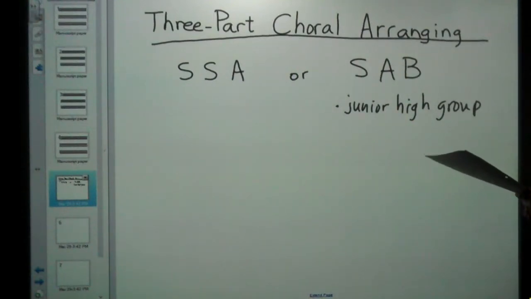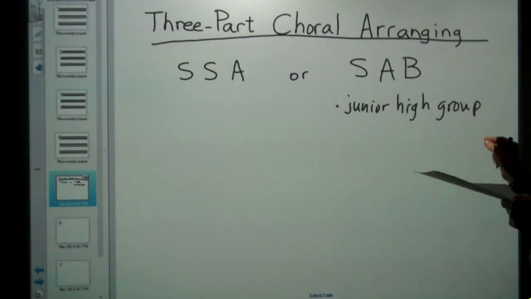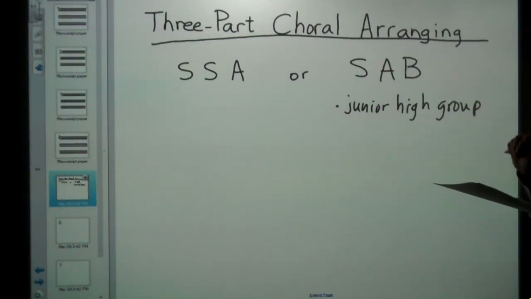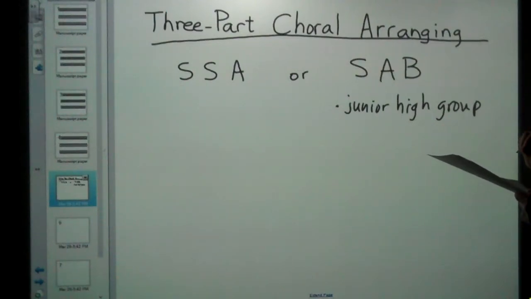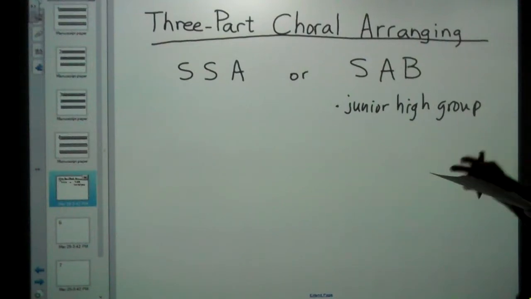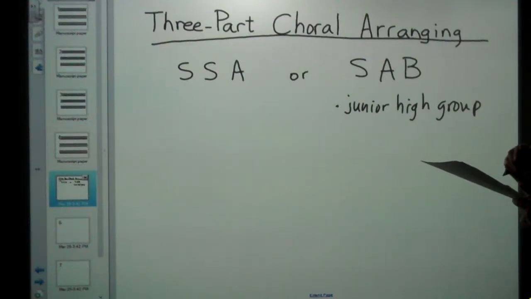In a junior high group where the boys with changed voices will sing the baritone part, and then the boys whose voices have not yet changed, if you have any boys in that age group that have not changed their voices yet, they will sing along with the alto part.